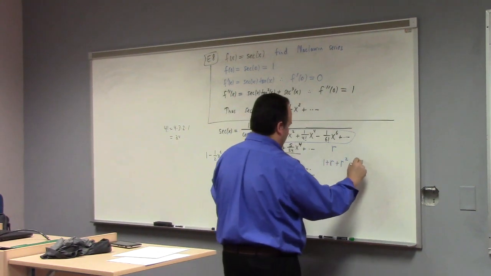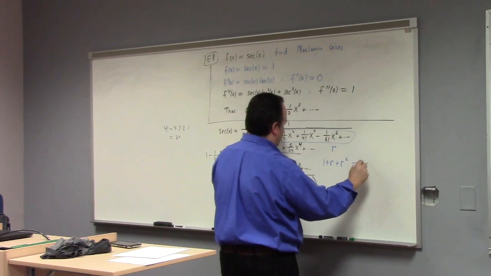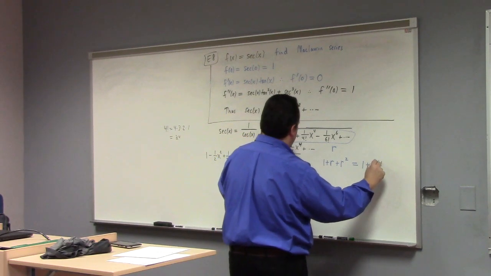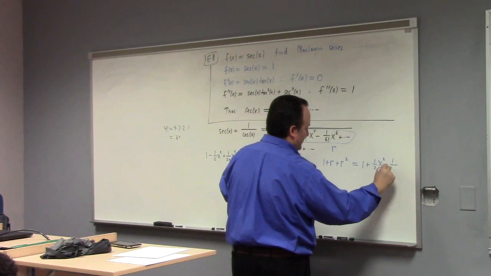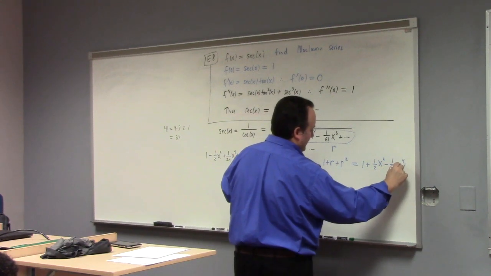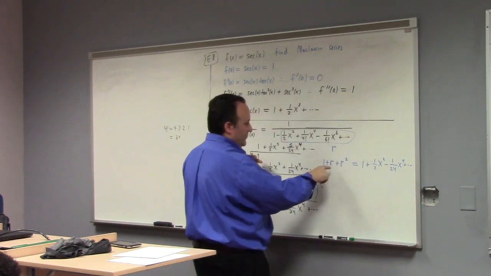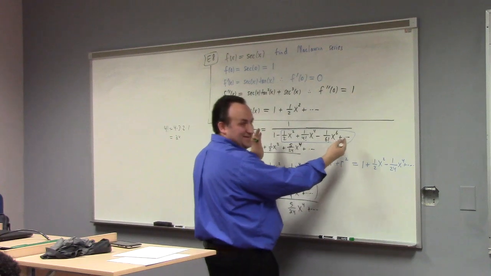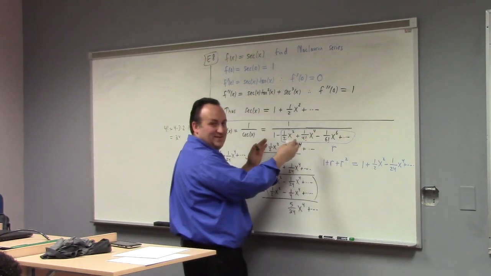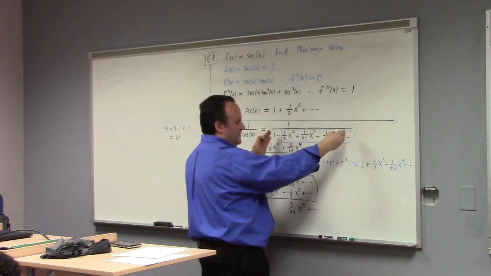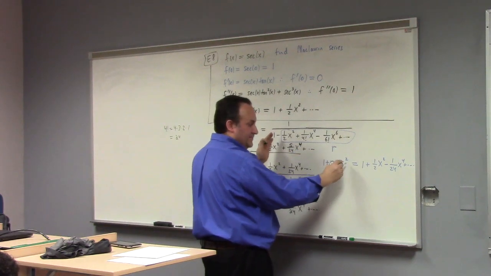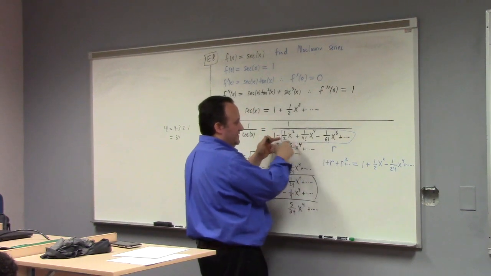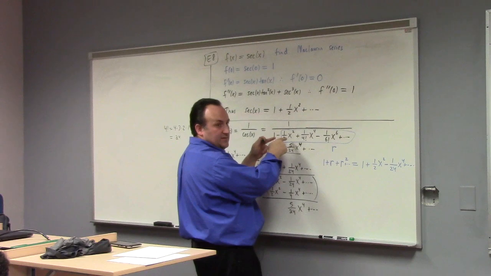You know, 1 plus 1/2 x squared minus 1 over 24 x to the 4th plus dot dot dot dot, right? And what's r squared got in it? That's where it gets kind of dicey, right? But r squared, the lowest order term in r squared is this x squared times x squared, right?